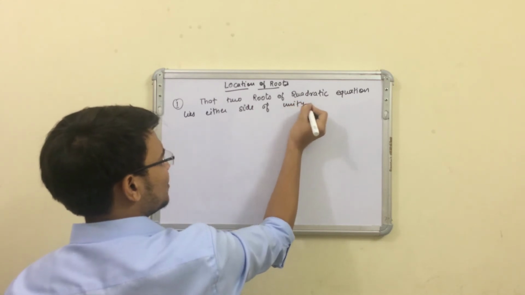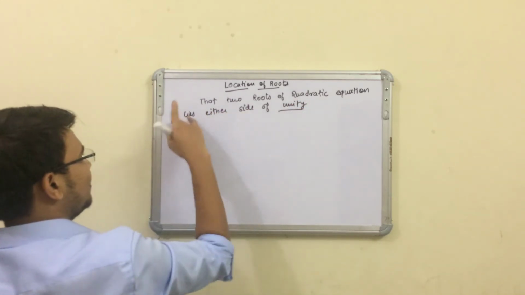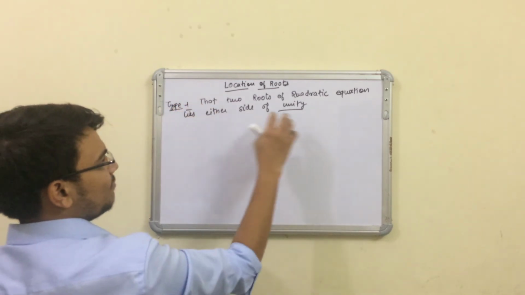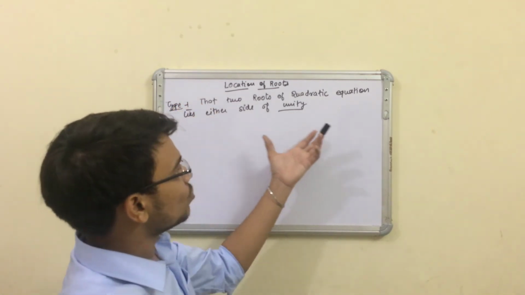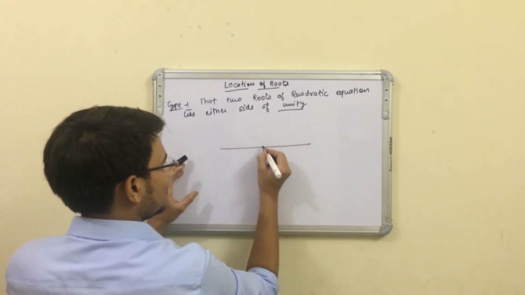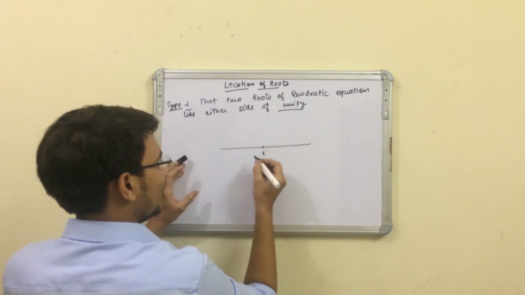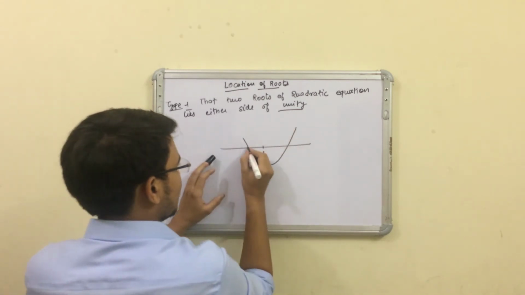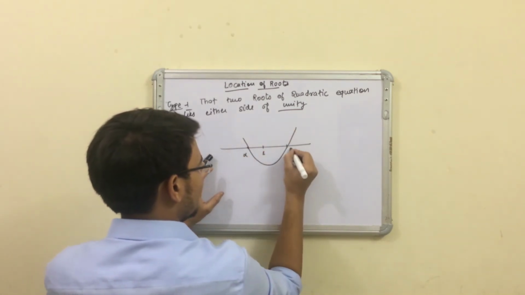So this is type 1, either side of unity. This is the unity, 1. One root lies here and one there, either side of unity, this is alpha, this is beta.